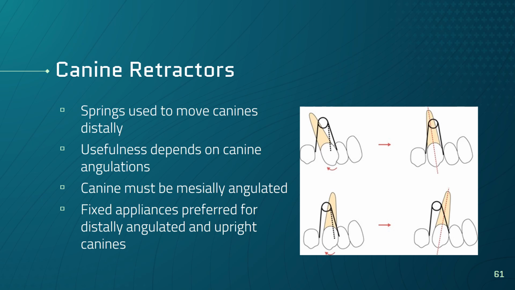As you can see in the diagram, a mesially angulated canine can be tipped back to a reasonably good alignment into the arch. Whereas a distally angulated canine, when tipped distally, becomes more severely tipped distally.